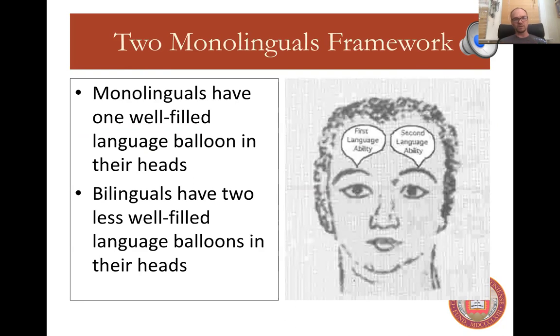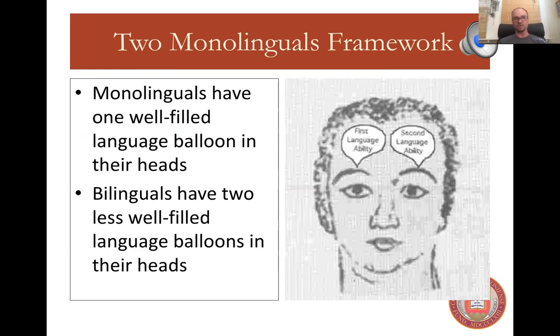But bilinguals, just like monolinguals, have two language balloons in their head. They're just less well-filled, because the bilingual has to navigate going back and forth between them, and as a result, the exposures aren't as robust as they would be were they in only one language. So you see these two bubbles inside this strange picture of a head: first language ability, second language ability. That's the two monolinguals framework.